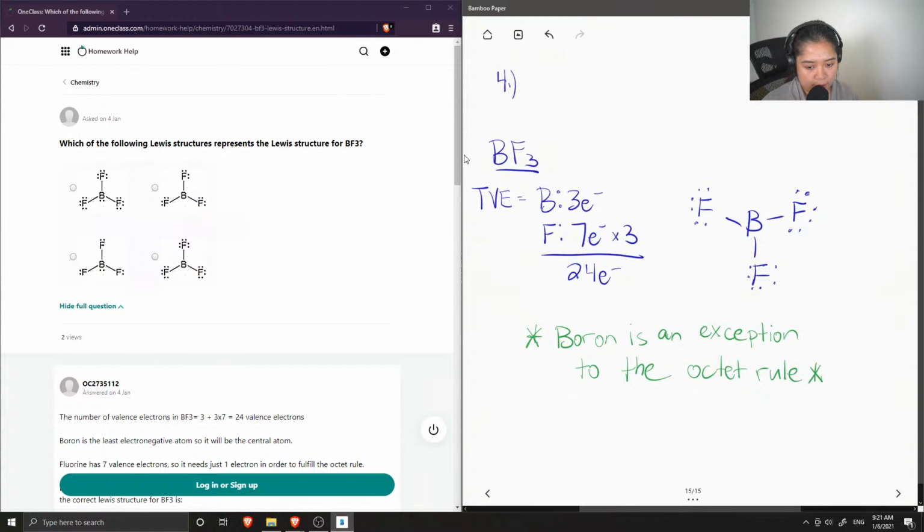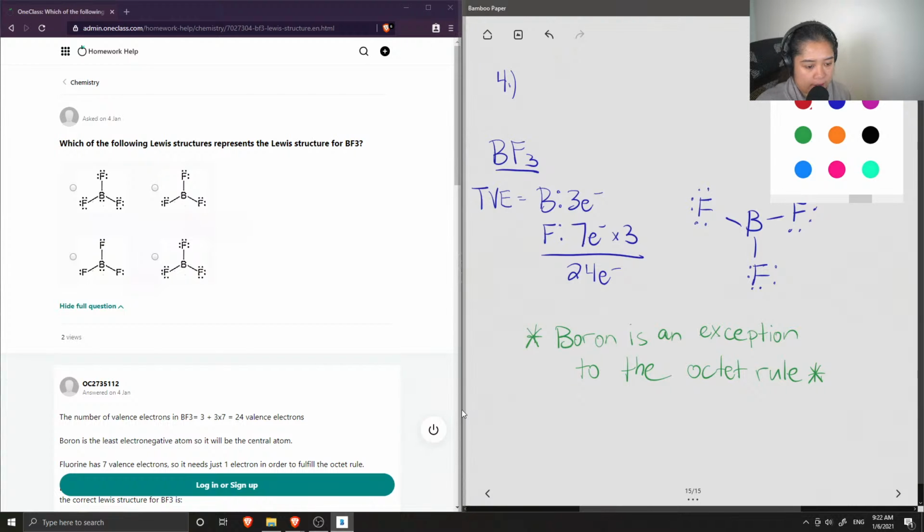So boron is an exception to the octet rule. So we don't need to put an extra lone pair on it as well. So if we look at the options the question gives us, it would be the last option as the correct answer. Therefore, last option.